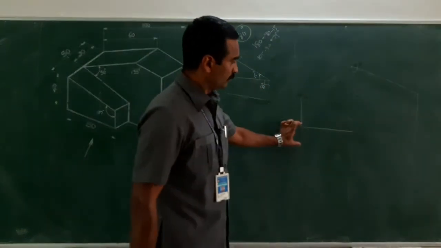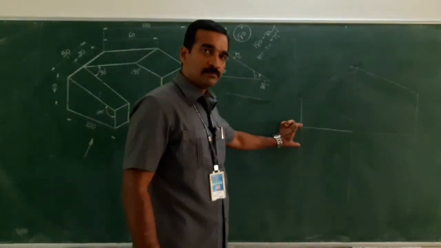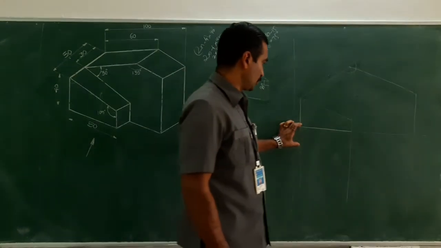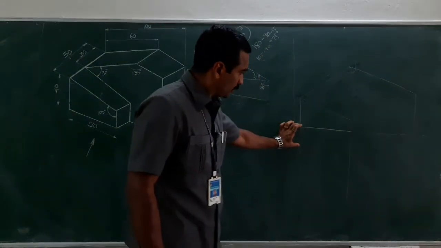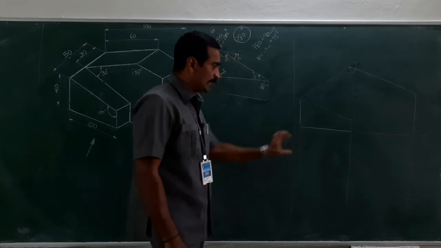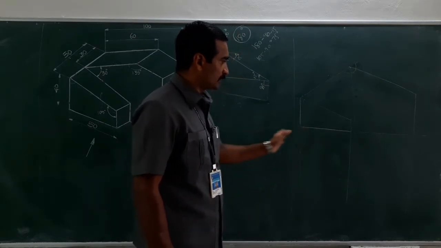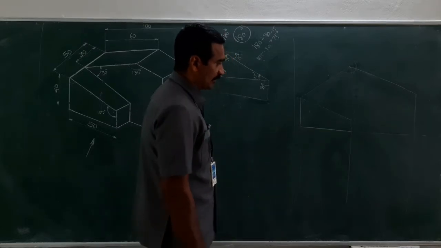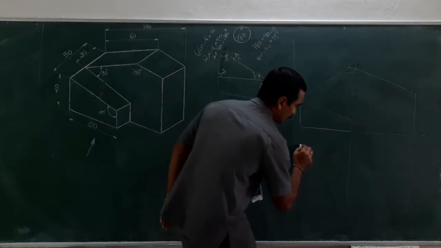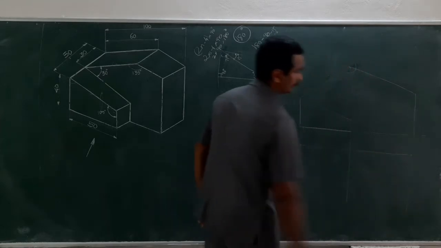Right. Leave 20 mm. In the last video also, I told you all to leave 20 mm, the reason being in order to mark dimensioning on it. So leave 20 mm and draw a line here.